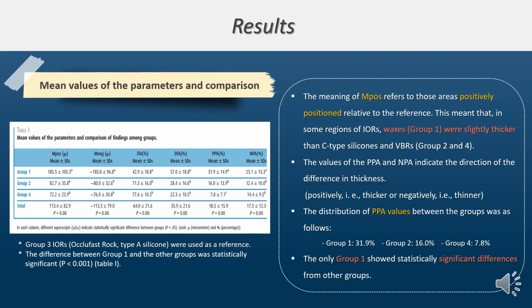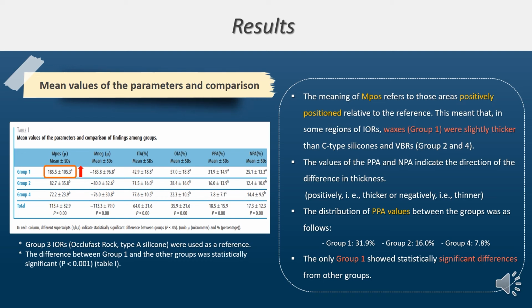This table shows the mean values of the parameters and comparison of findings among groups. There was a statistically significant difference of MPOS between Group 1 and the other groups. This meant that in some regions of IOR, waxes were slightly thicker than C-type silicones and VBRs.